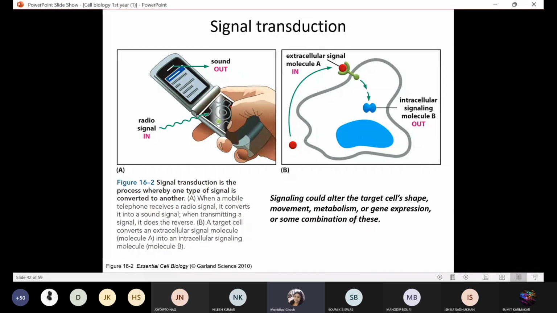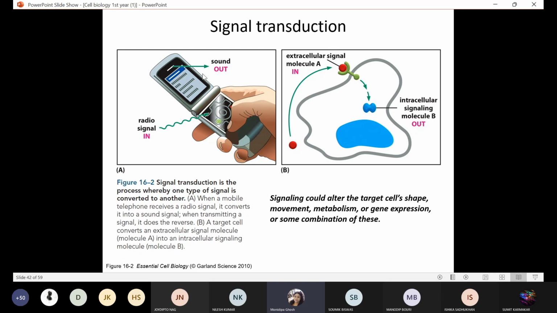Now, what happens if the signal, it may be a chemokine, cytokine, or a pathogenic component, sits over the receptor on the cell? Then the signaling cascade becomes on. Molecule A is the extracellular signal molecule, and this one is the intracellular signaling molecule.